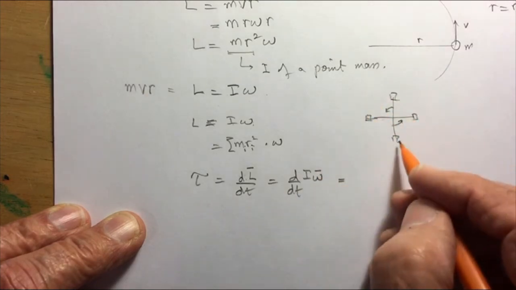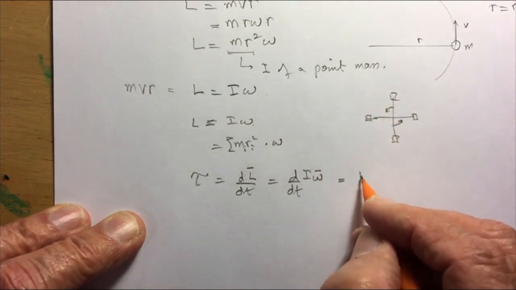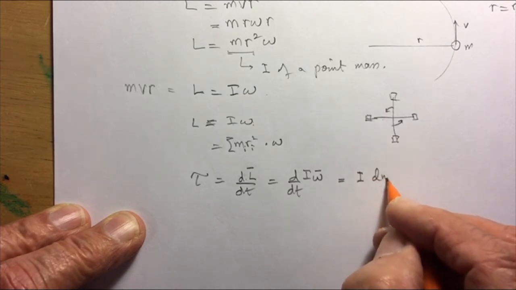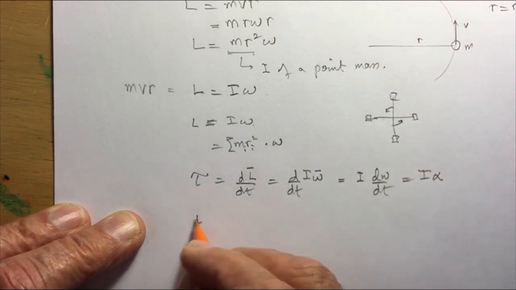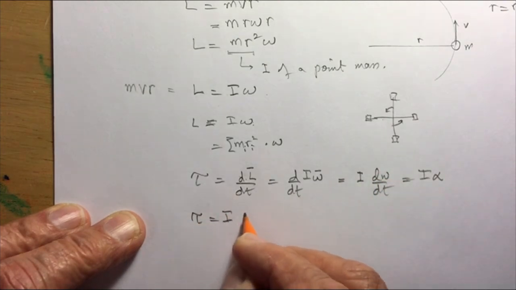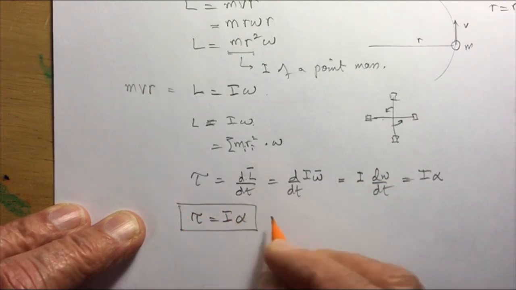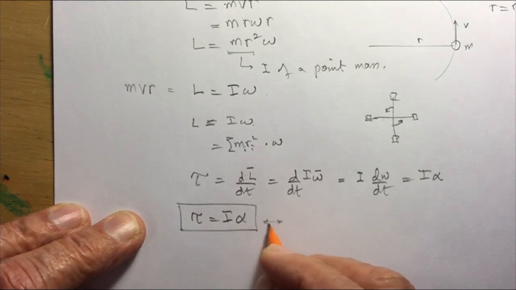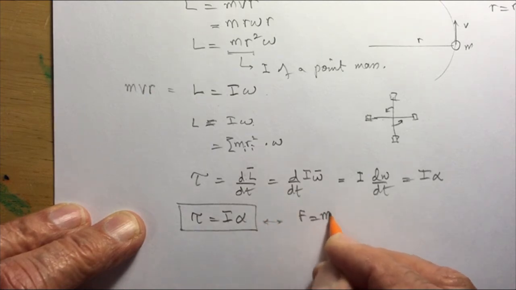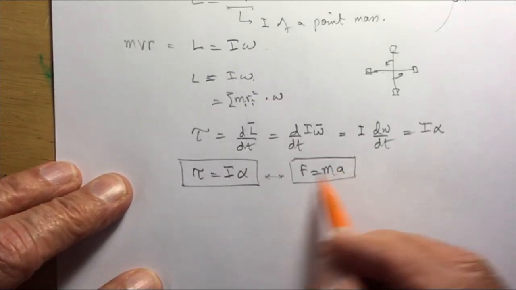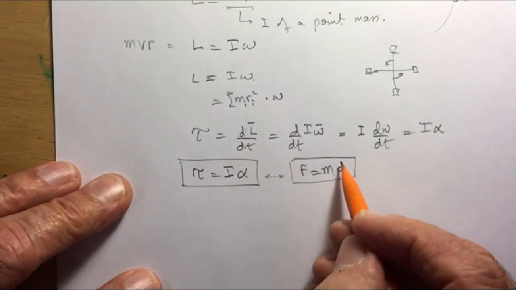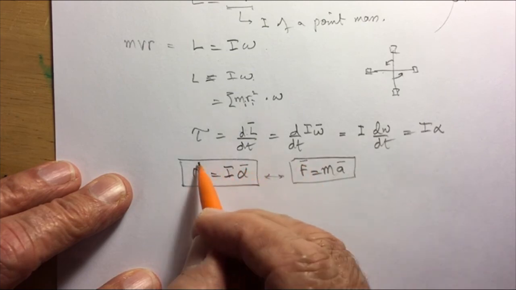And if the moment of inertia does not change, then that can be taken out, and it's d omega by dt, which is I alpha. So we have torque equals I alpha. And this equation corresponds to F equals ma. So that's F equals ma in linear motion, and that's torque equals I alpha in rotational motion.